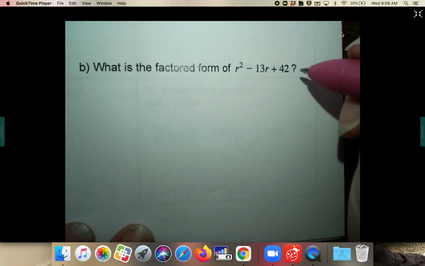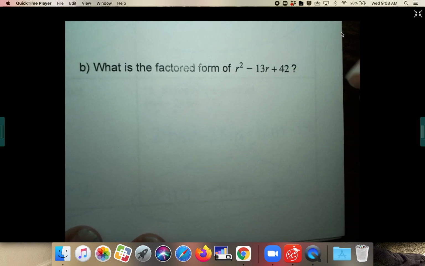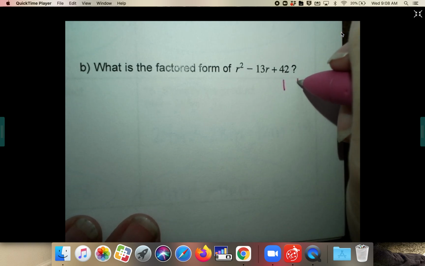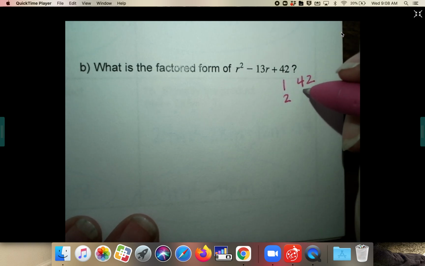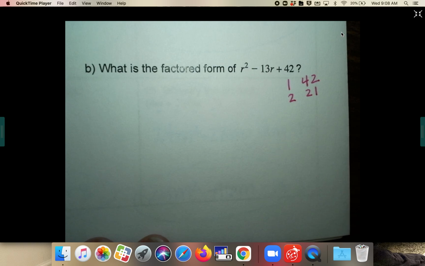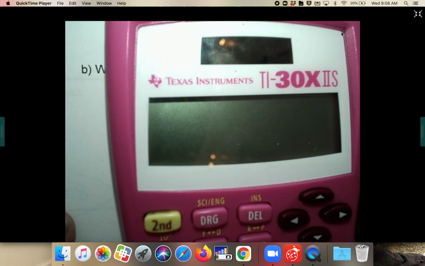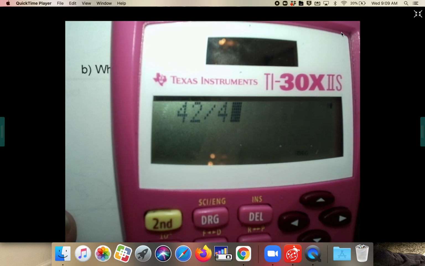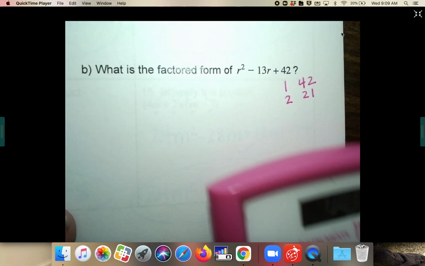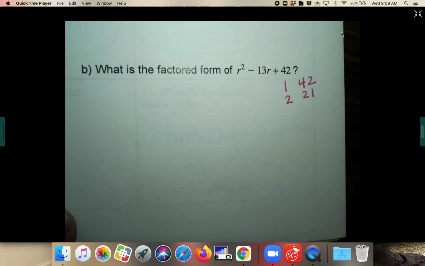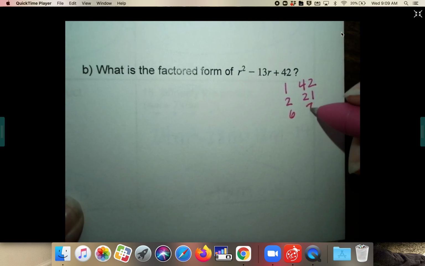All right, I'm going to list the factors of 42, and I don't know them very well. So let me check. 1 and 42, 2 and 21. Does 42 divide by 4? Nope. Okay, 6 and 7. All right, I believe that might be all. But let's try.